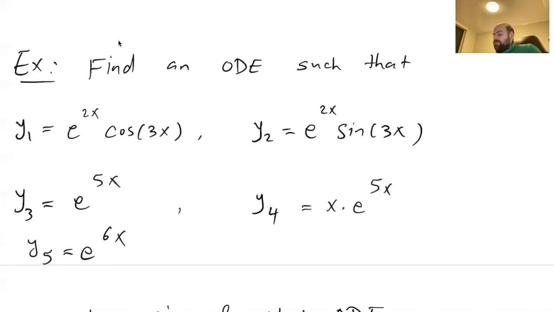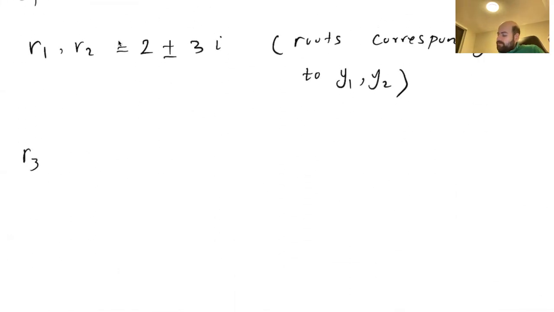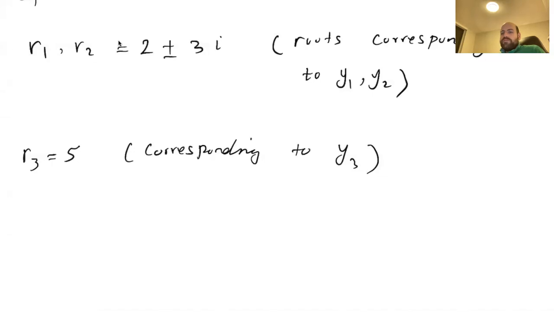Then corresponding to y3, e to power 5x, we have r3 equals 5. But we also have x e to power 5x.